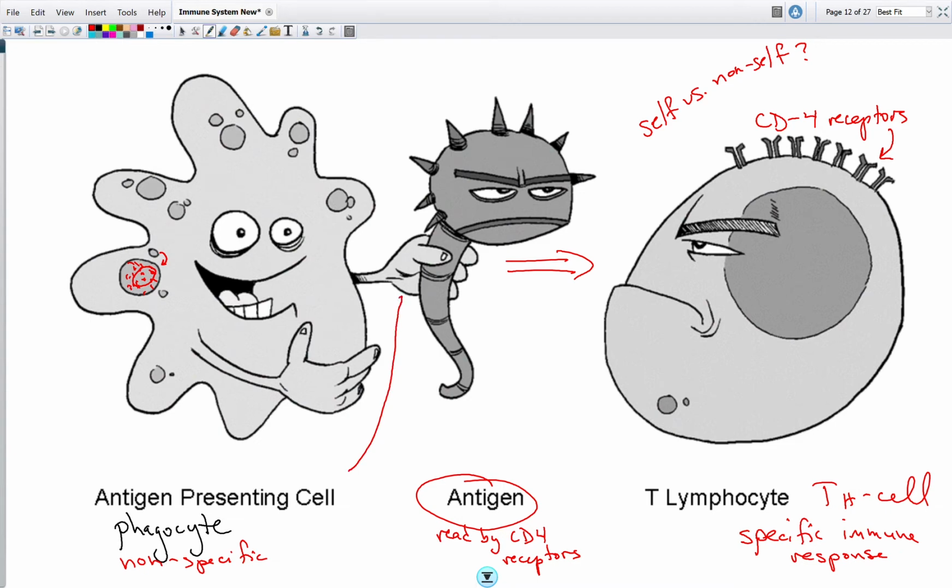This receptor here, the hand that is holding that antigen, is called an MHC receptor, the major histocompatibility complex receptor. It is what helps determine self from non-self. So in order for this whole process to work, you have to have MHC receptors and CD4 receptors work together to identify self from non-self. This is that local signaling we've been talking about. Very, very close, like a handshake. Literally like a handshake.